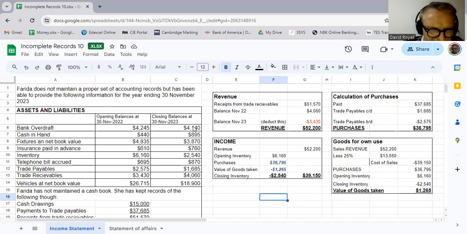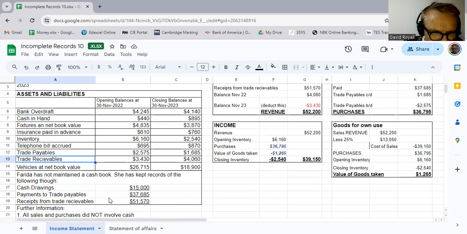Receipts from trade receivables. There we are. We're looking for that. Here's the figure we want: 51,570. Okay, that is the money we collected from our customers.